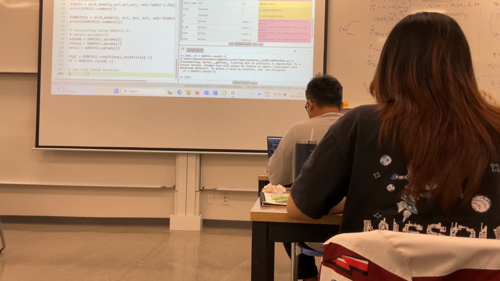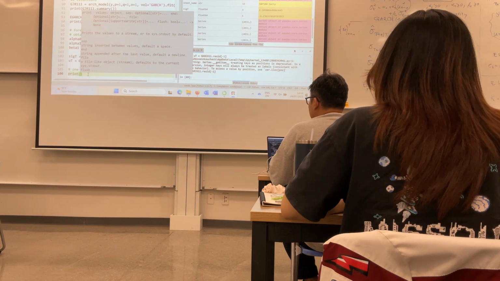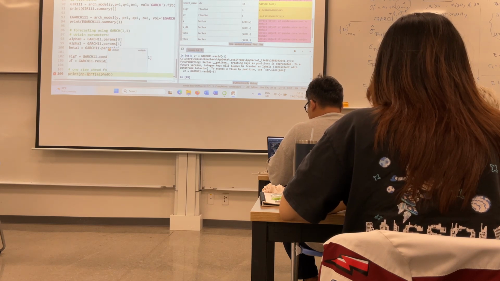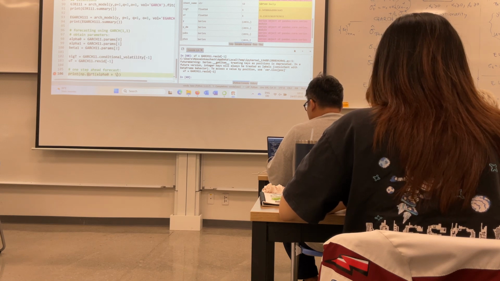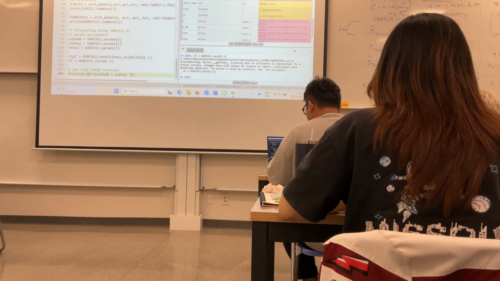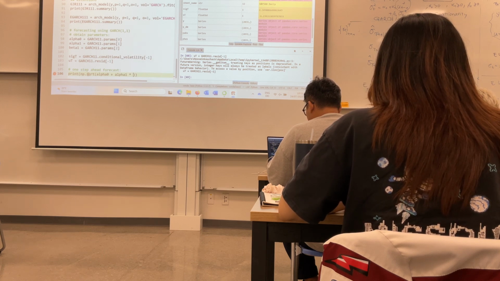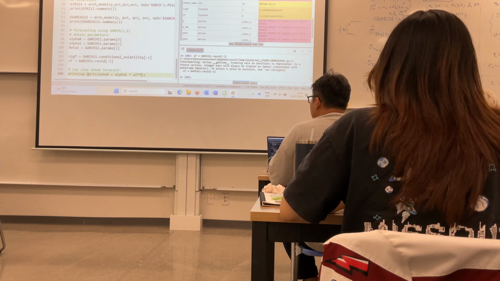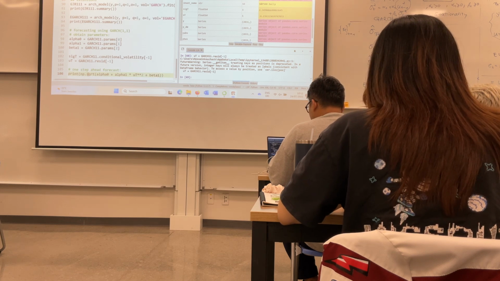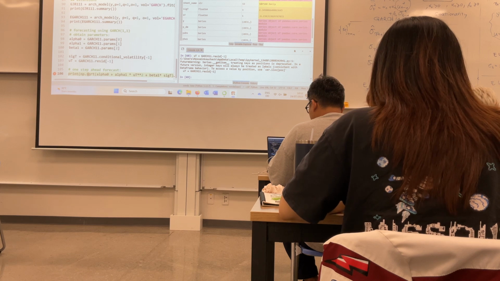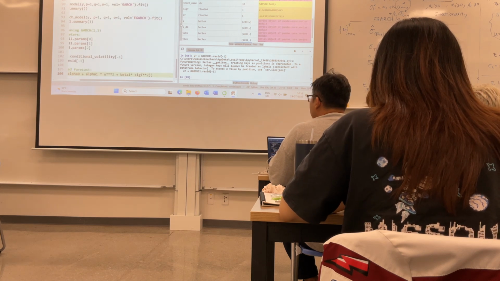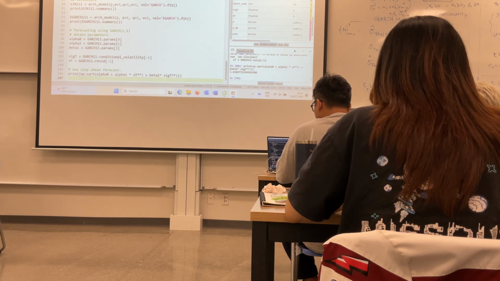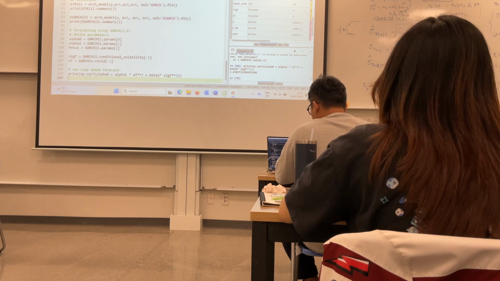That will be np.sqrt of alpha 0 plus alpha 1 times u_t squared, plus beta 1 times sigma_t to the power 2. That's a one step ahead forecast for the variance.